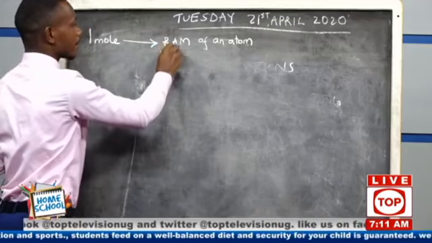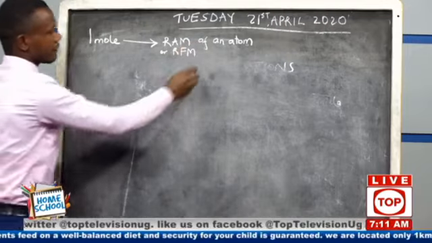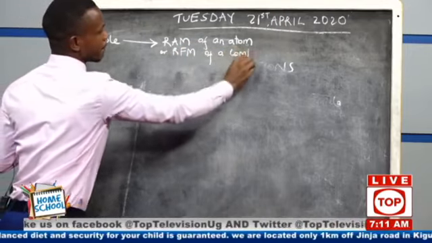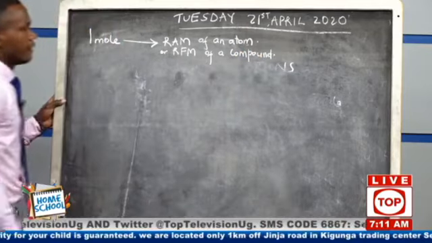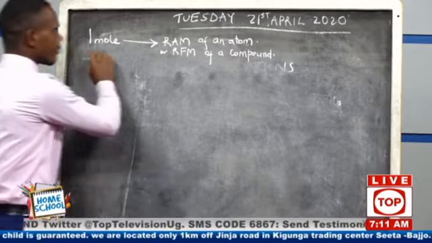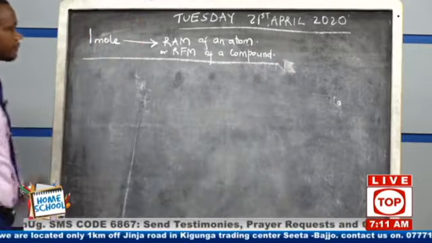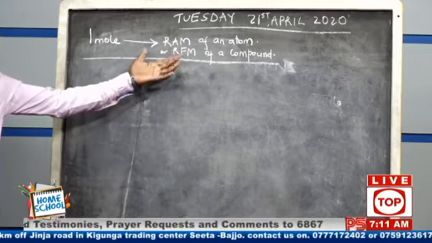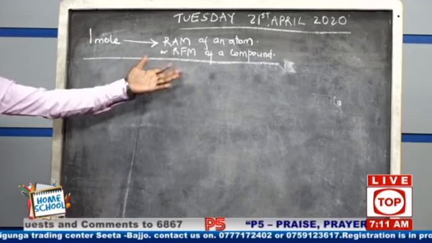Or relative formula mass of a compound. This one we are going to be applying in today's work, and we need to keep it there. 1 mole is equivalent to the relative atomic mass of an atom or relative formula mass of a compound.